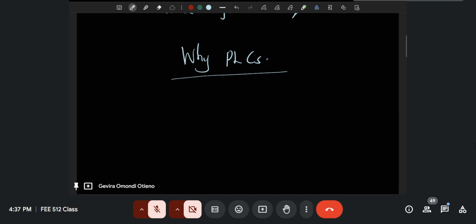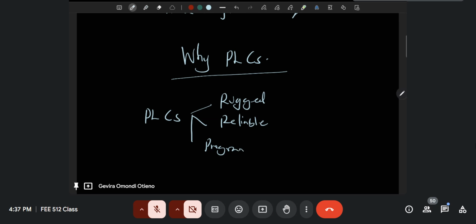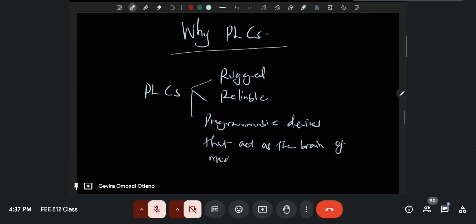But the best way that I usually define PLCs is: PLCs are just rugged, reliable, programmable devices that act as the brain of modern manufacturing systems.